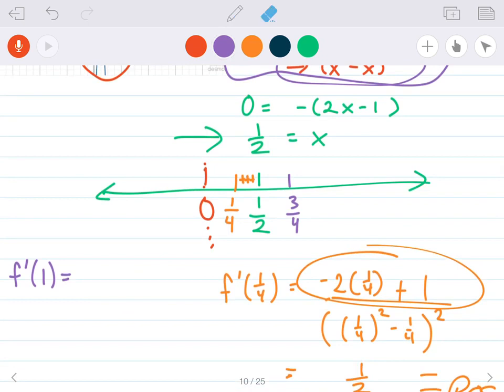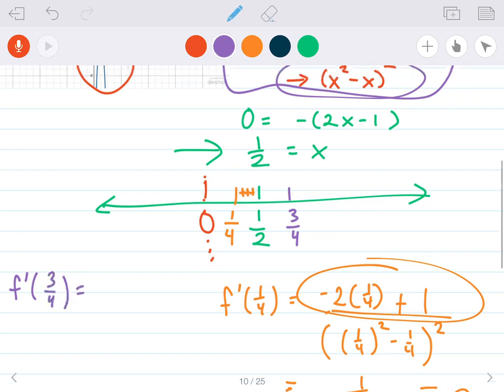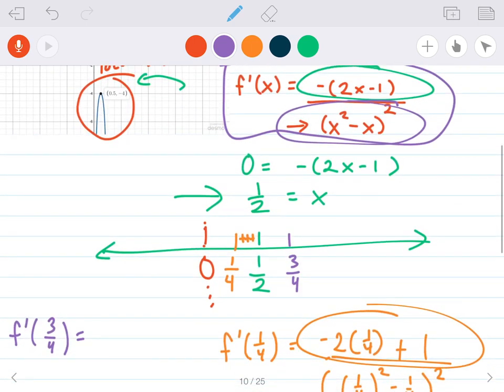We want to get kind of close to see what's happening here. We have all these asymptotes to worry about. All right, so I'm going to plug 3/4 into the derivative. We get negative 2 times 3/4 minus 1, all divided by 3/4 squared minus 3/4, all squared.